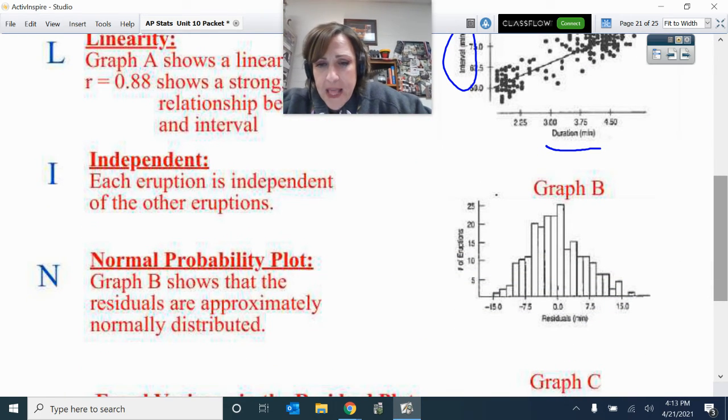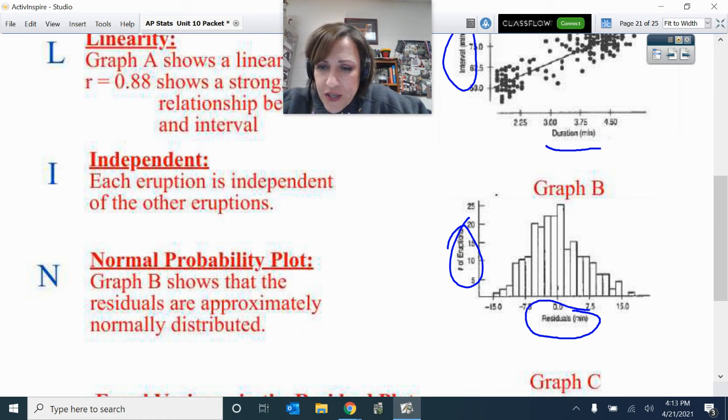Graph B has the number of eruptions and these residuals. Most of the data was right around what it was predicted to be, with a residual of around 0. The farther you got away from the prediction line, the less data you had.